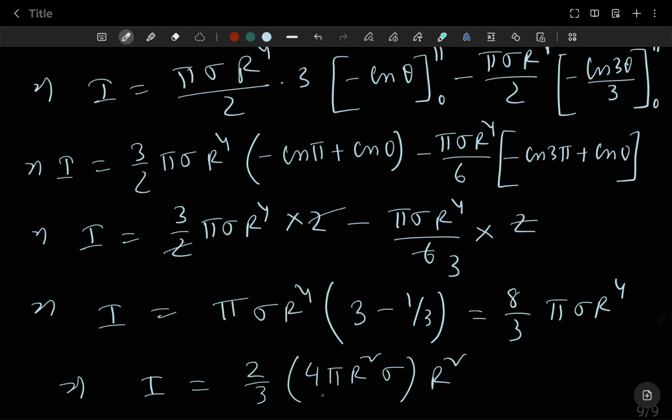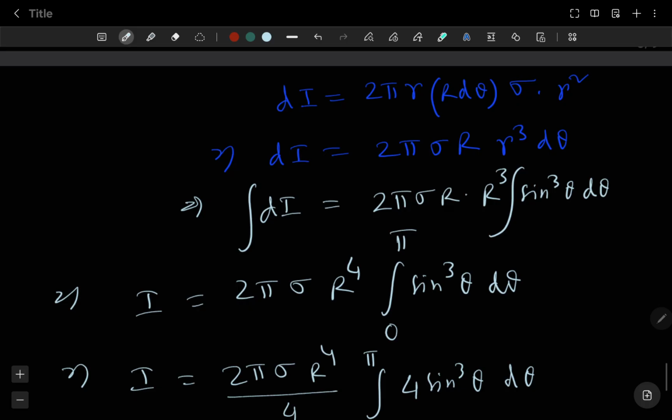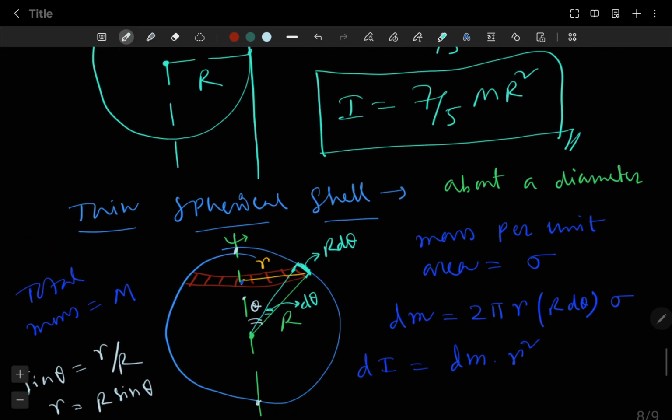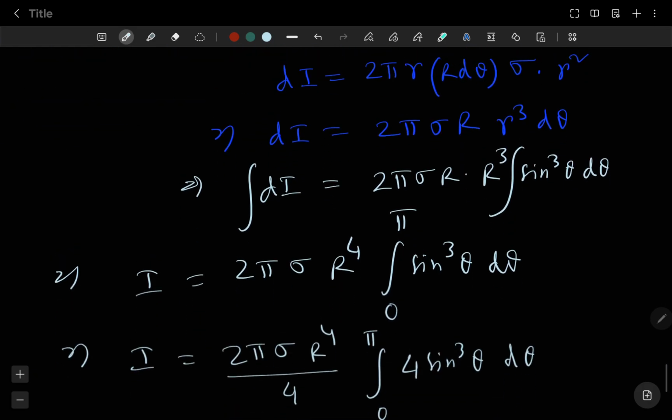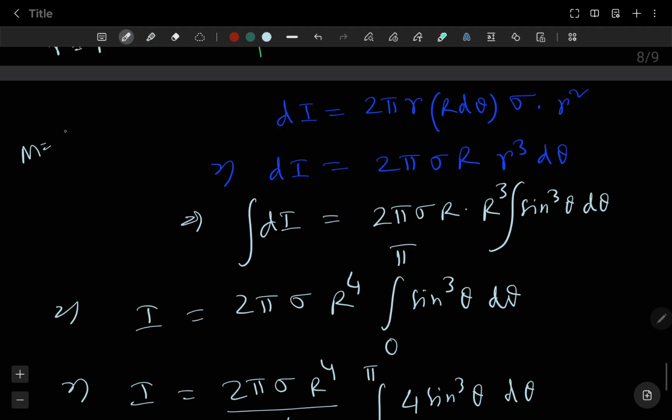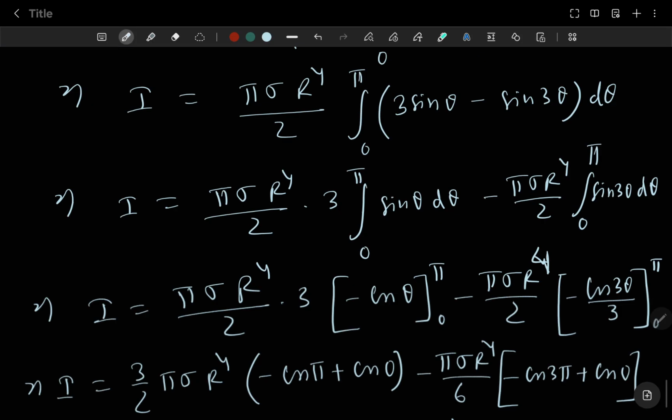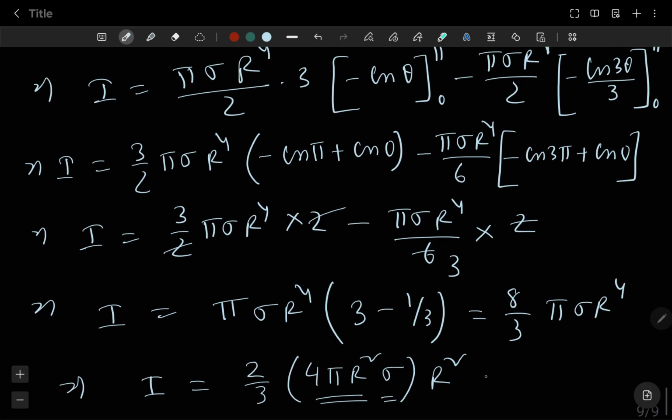So 4 pi r square is the surface area of the spherical shell, into sigma, mass per unit area. So you get the total mass m. M is basically 4 pi r square into sigma. So this is m, so it becomes 2 by 3 m r square.